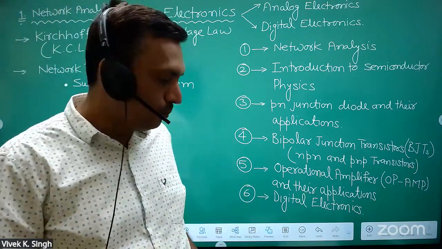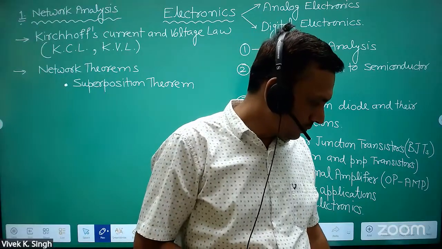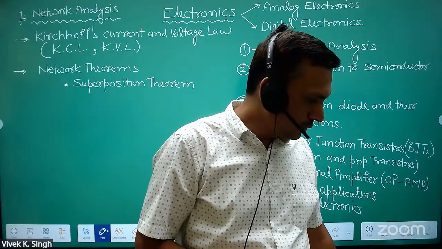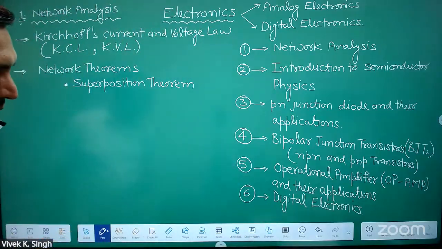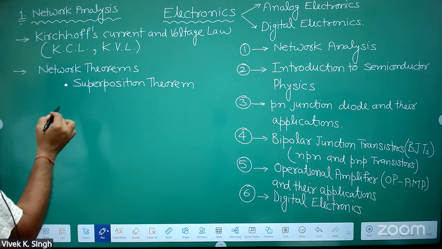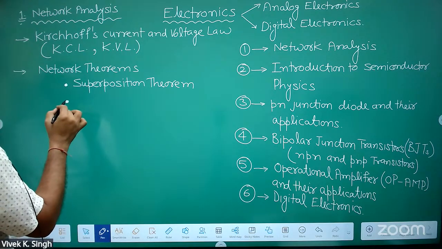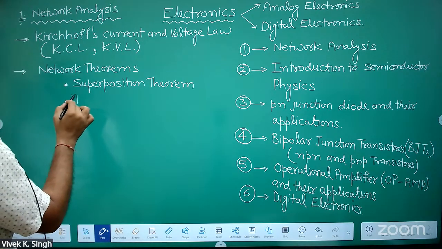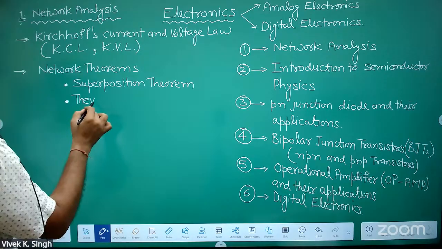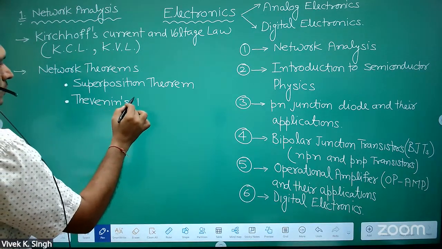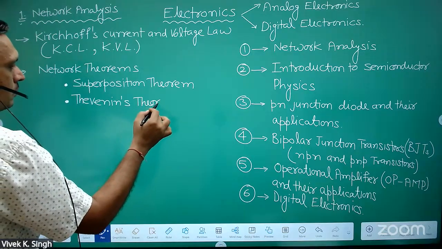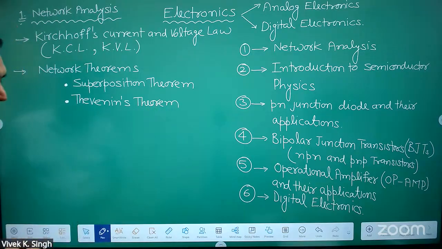Whenever there is more than one source, we can use superposition theorem to write the voltage and current. ठीक है? Next is Thevenin's theorem.